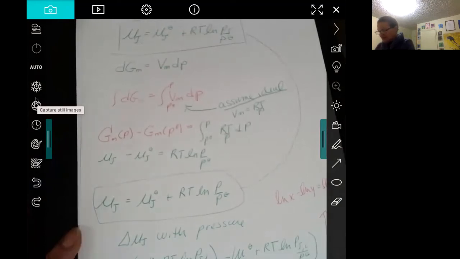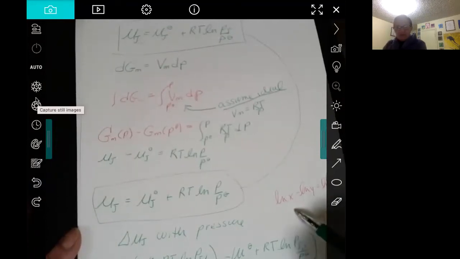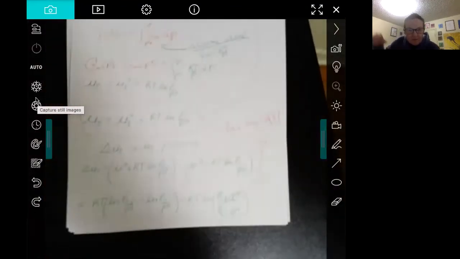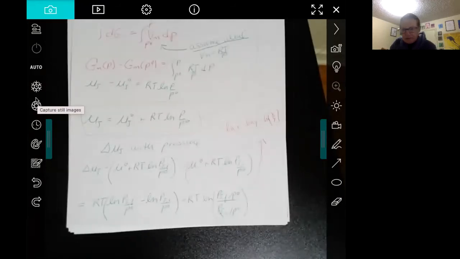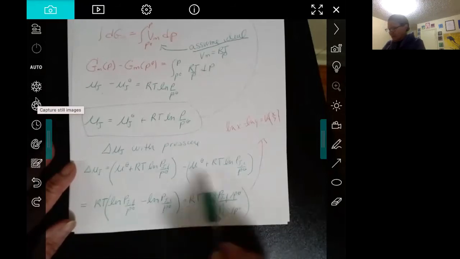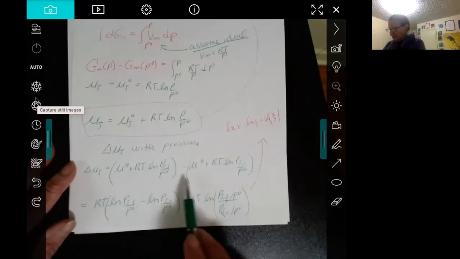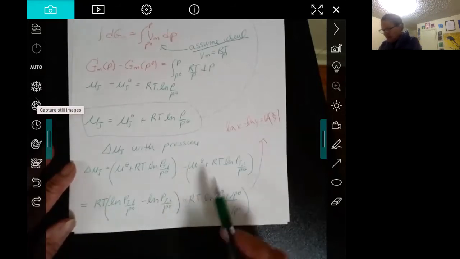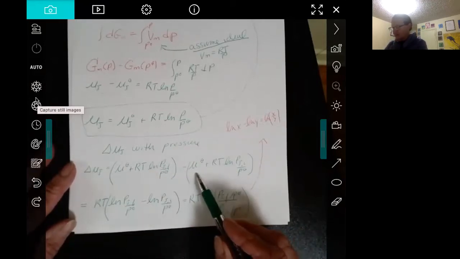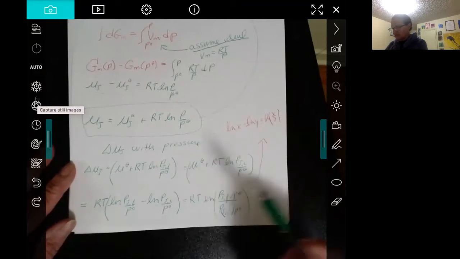And when you combine these, what you see is, by remembering that the natural log of x minus the natural log of y is equal to the natural log of x over y, when I take the difference of these two, I can pull the RT out front, and also the mu chemical potential standard state cancels because this minus this is 0.